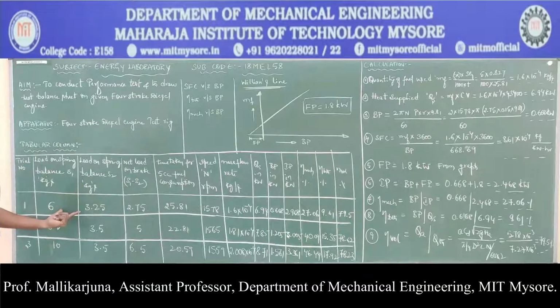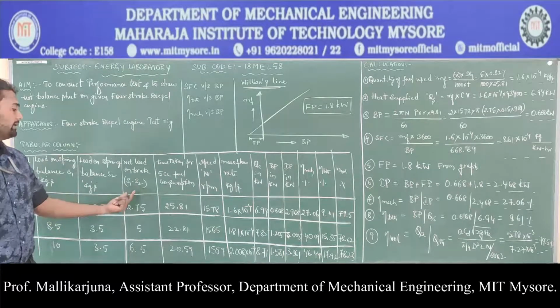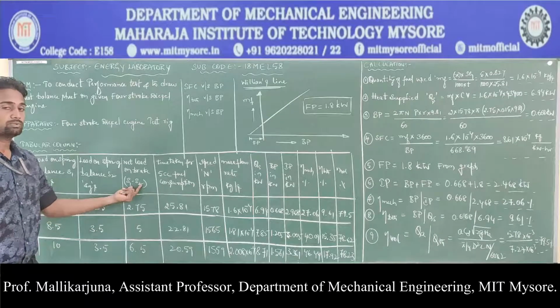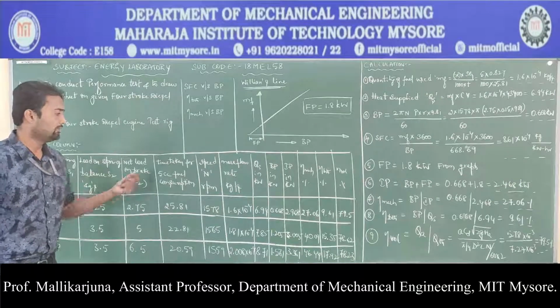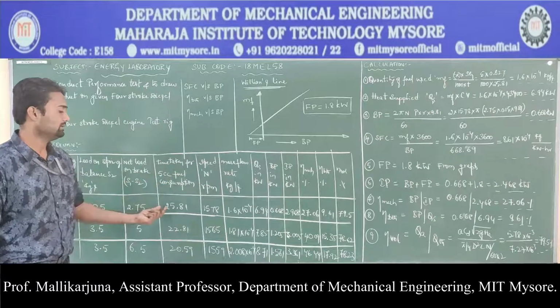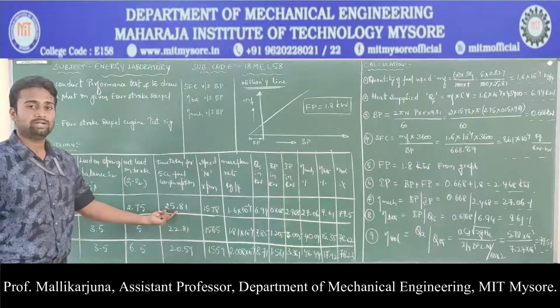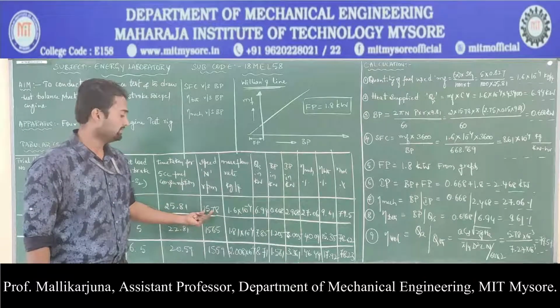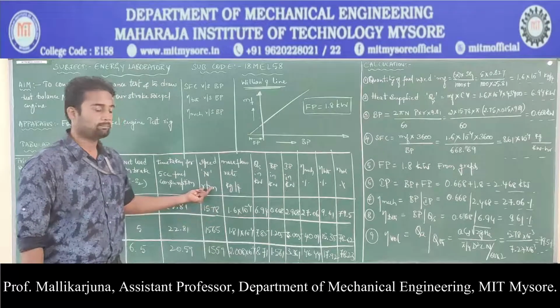Since these two are acting in opposite directions, we subtract one from the other, so we get 2.75. Next, we have noted down the time taken for 5 cc fuel consumption, which in seconds is 25.81, and the crankshaft speed, which is 1578 rpm.